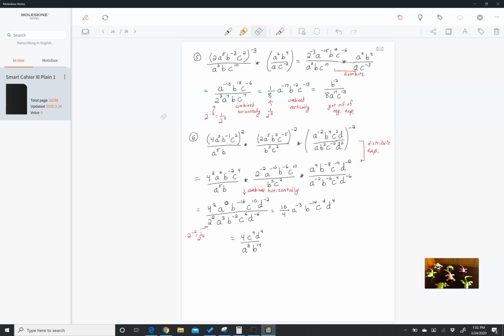We did that by adding the exponents. Then here we combined vertically. The 16 came from 4 squared, and the 4 came from 2 squared. Then we got rid of negative exponents.